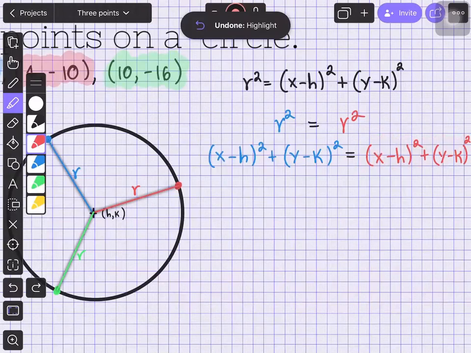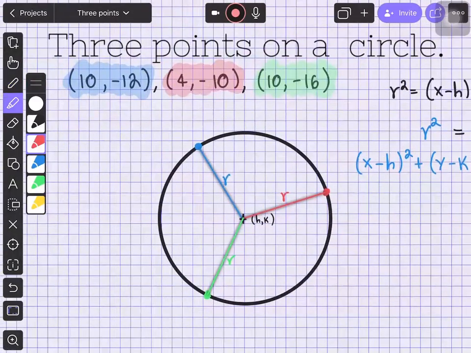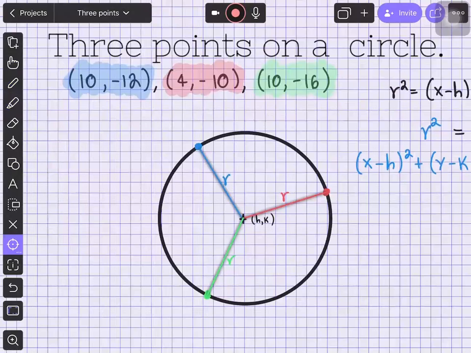And we do have some information about those equations. In this case are the coordinates for x and y of the blue point and x and y for the red point. So based on that idea, we're going to substitute those values into the equation. So 10 and negative 12 in here.